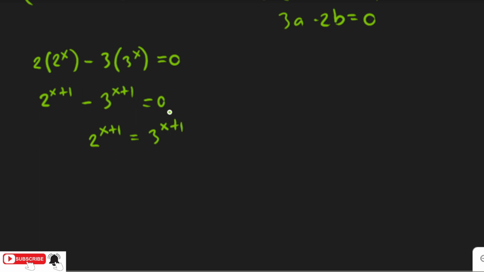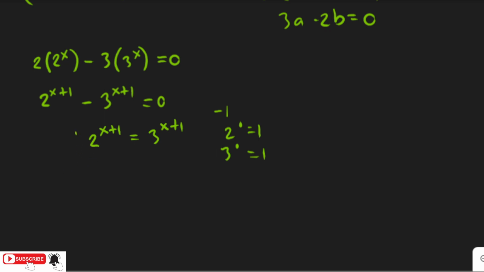So we can really see that for them to be equal, x should be equal to minus 1, because if x is equal to minus 1, then we have 2 to the 0 is equal to 1, and 3 to the 0 is equal to 1. So 1 is equal to 1, but we will solve it mathematically.